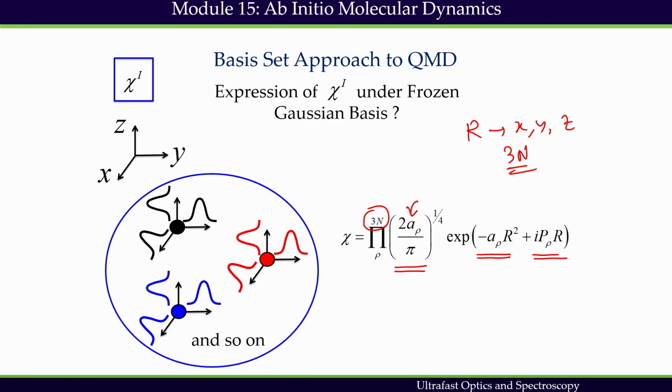We note that a different width, that is the a rho, and a different momentum has been assigned to each one-dimensional traveling Gaussian. So if I have 3n number of degrees of freedom, then we should have 3n number of these one-dimensional propagating Gaussians, and we should take the product of each Gaussian to represent the nuclear wave function.